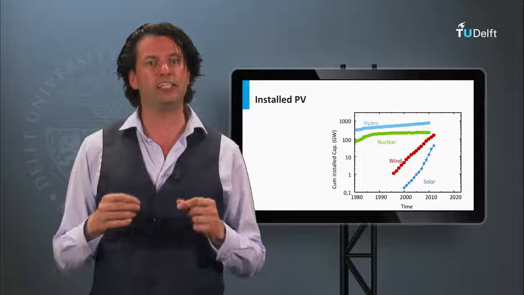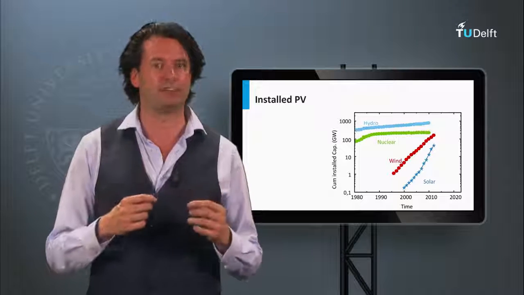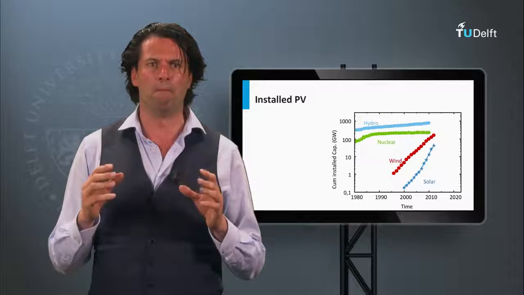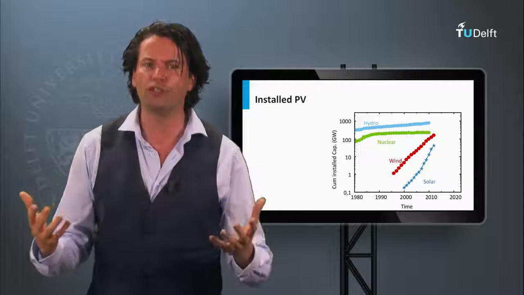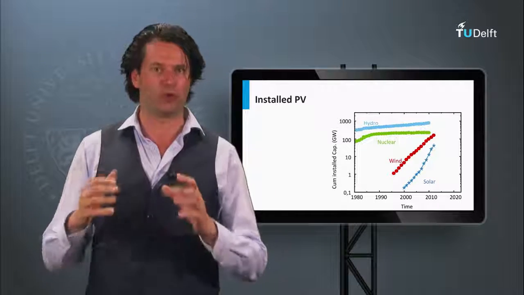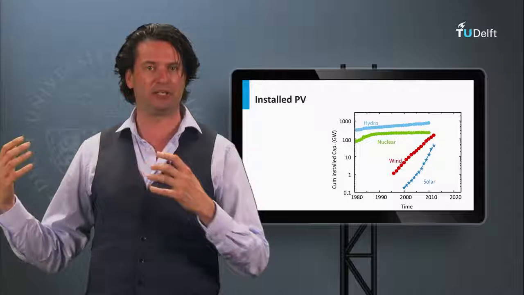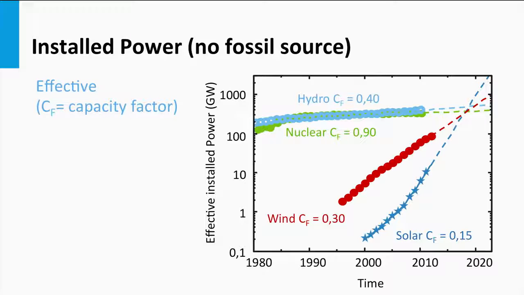The relation between these two is called the capacity factor, which is basically a measure of how often an electric generator runs for a specific period of time. Nuclear has with 90% the highest capacity factor, followed by hydropower with an average capacity factor of around 40%.